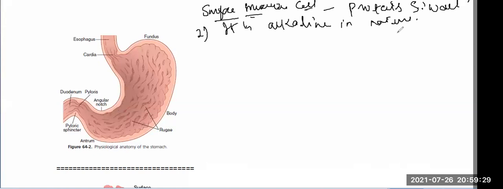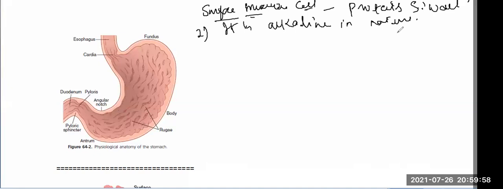And whenever you have food in the stomach mucosa, any slightest contact of food, or any kind of irritation in the stomach mucosa, will cause secretion of this alkaline mucus. So whenever you have food inside or any irritation in the stomach wall, this alkaline mucus will start secreting.